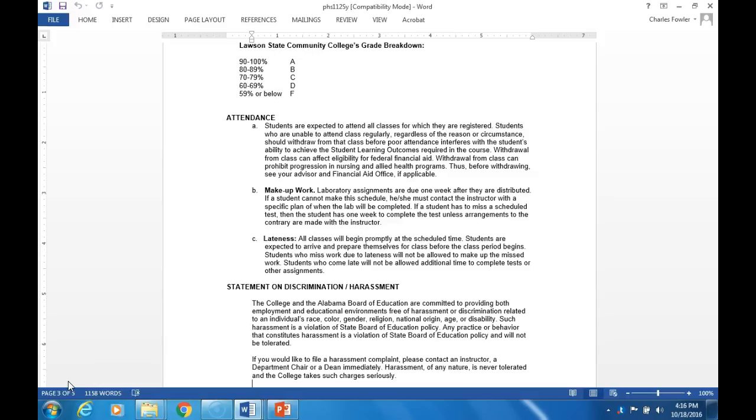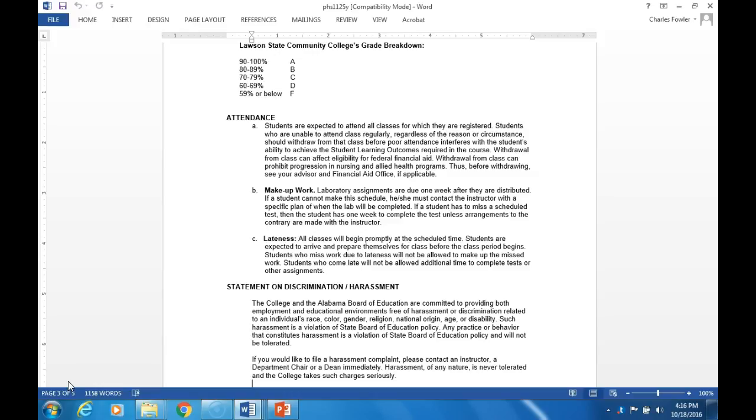Now, withdrawal, guess what? Doesn't hurt you academically. A D or an F, they hurt you academically. A withdrawal does not. It may hurt if you're on a limited time, like y'all are, or it may also hurt if you're on financial aid of some nature. Because generally financial aid will pay for you to retake a class once, but not twice.